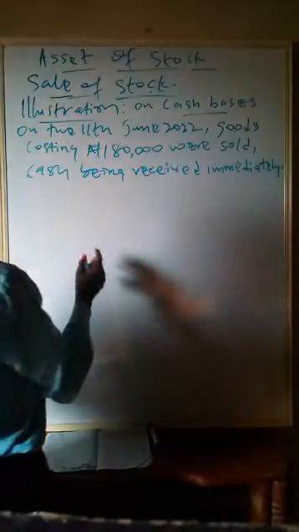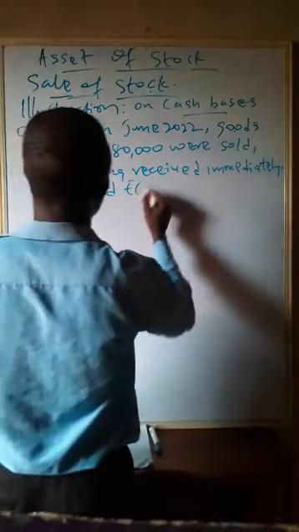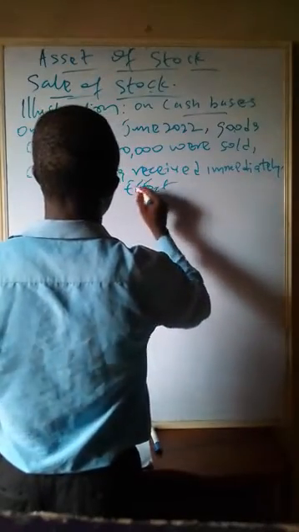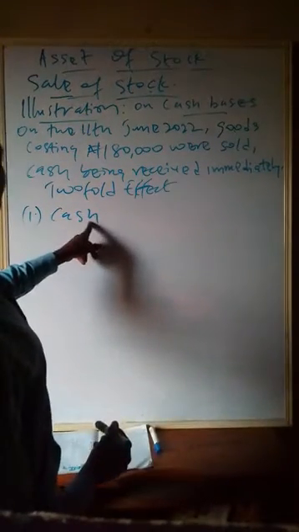So what are the accounting entries involved here? Before I go to the accounting entries, there are twofold events here. Firstly, what are the accounts involved? Sold goods, that is the sales account, and cash being collected, that is the cash account. We are going to debit what? Cash account. On the cash account, the asset of cash has increased because cash is coming in.